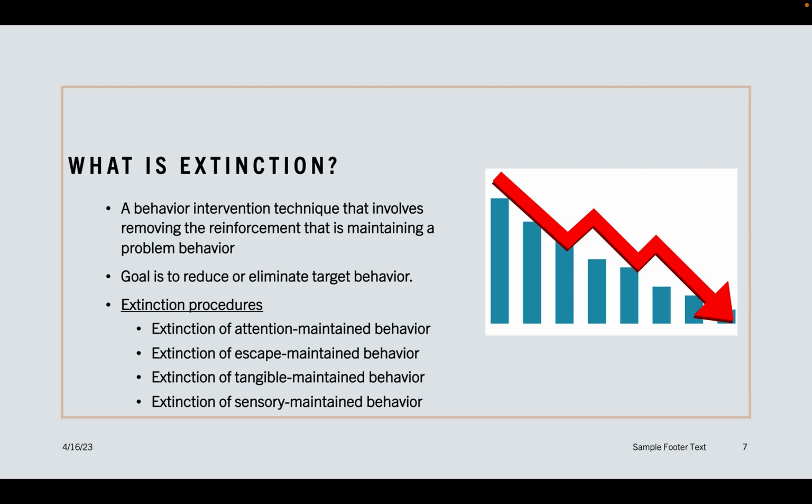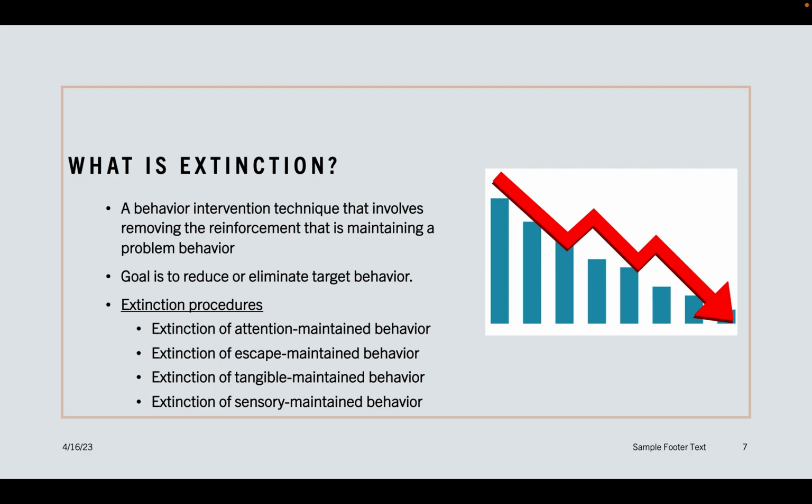Extinction in ABA is a behavior intervention technique that involves removing the reinforcement that is maintaining a problem behavior with the goal of reducing and eliminating the unwanted behavior. So, this means that when the behavior no longer results in the desired outcome, such as attention or access to a preferred item, the behavior will eventually decrease or stop altogether.